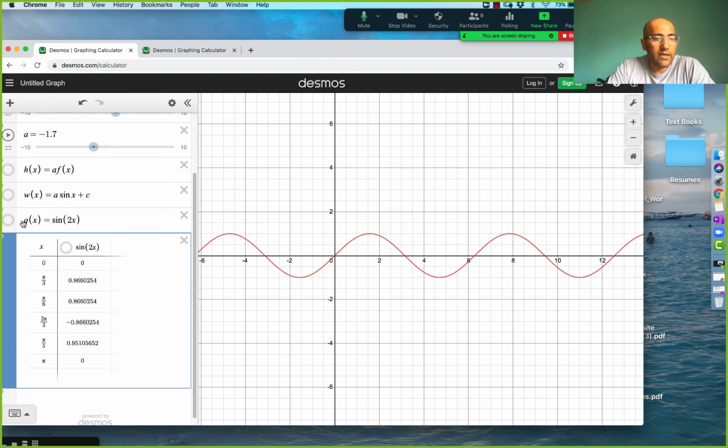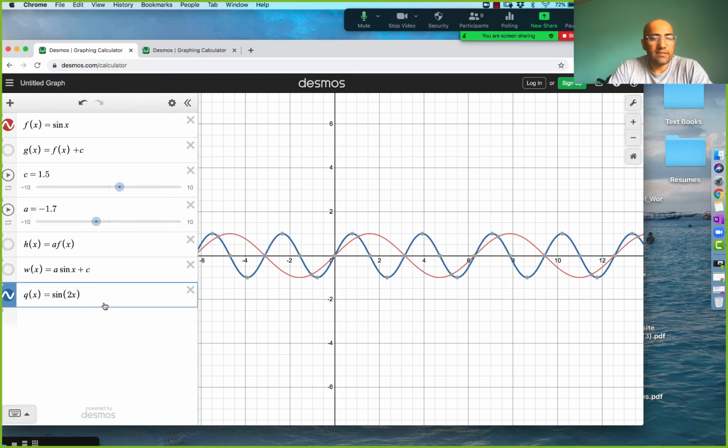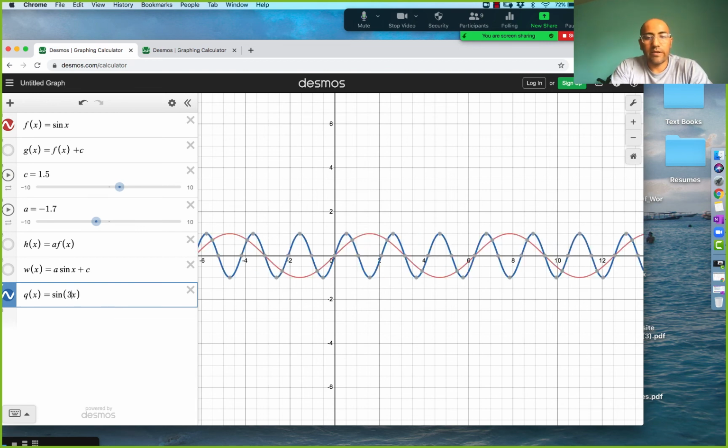So we see that if we multiply the argument of the sine function by 2, it's going to complete the period twice as fast. Two of these are going to squeeze into the same space that would normally fit one sine function. If instead of a 2, we make this a 3, we oscillate even faster. We complete 3 complete periods in the same space that we would normally do 1.